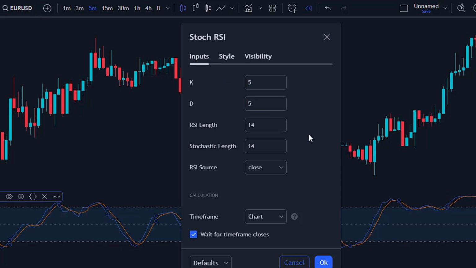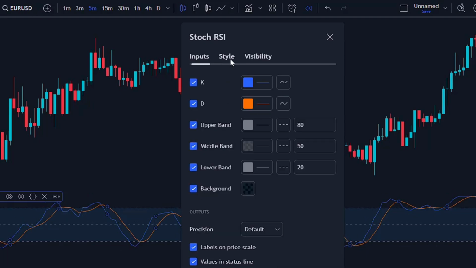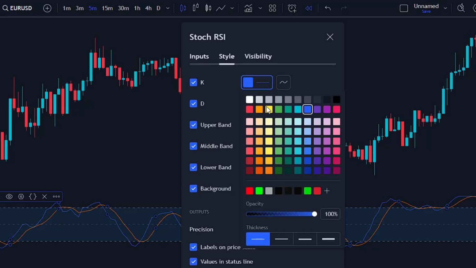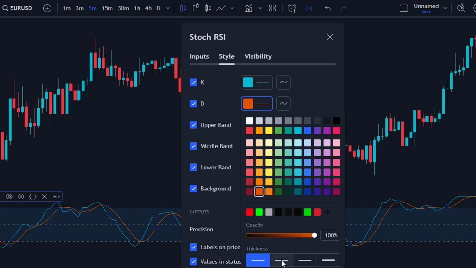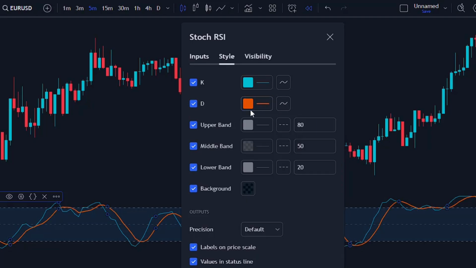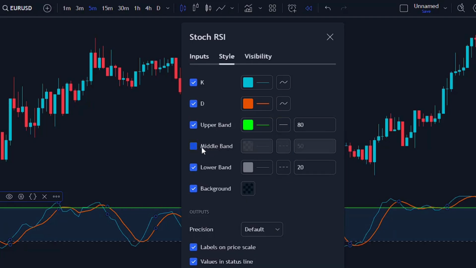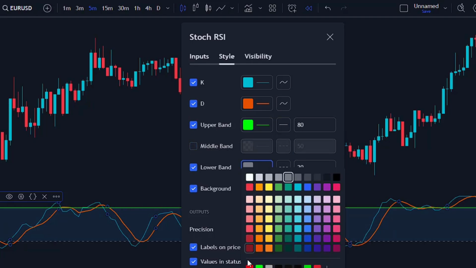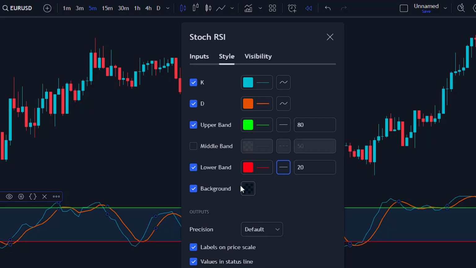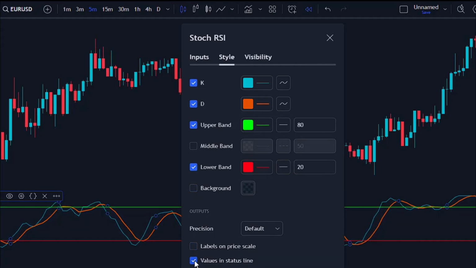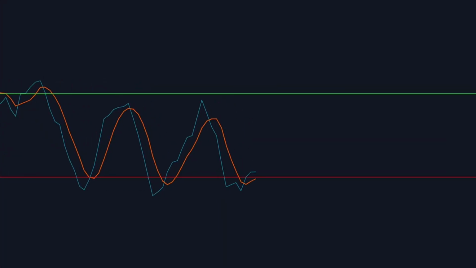Then, head over to Style and make a few minor adjustments. Once you're done, the indicator should look like this.